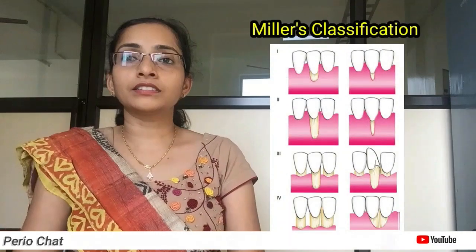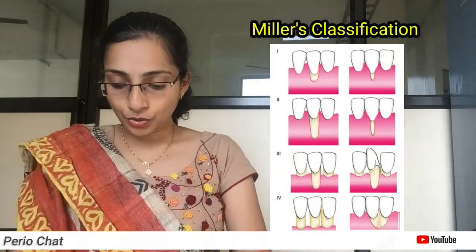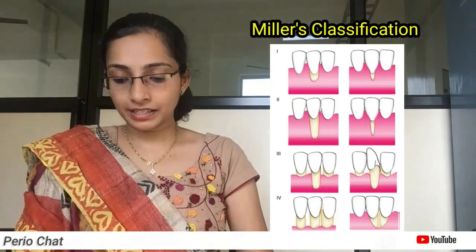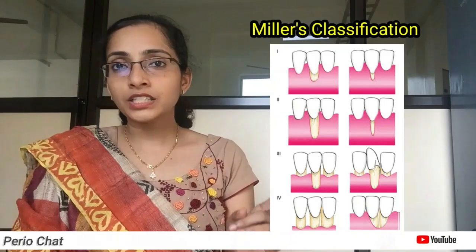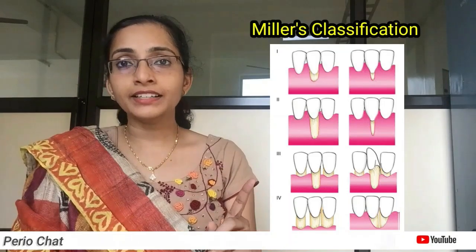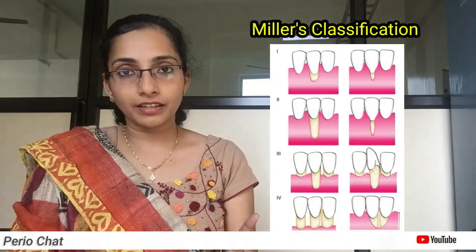The next classification was given by Miller; there are modifications to this classification also. The classification given by Miller is, you can see this image, marginal tissue recession that does not extend up to the mucogingival junction.